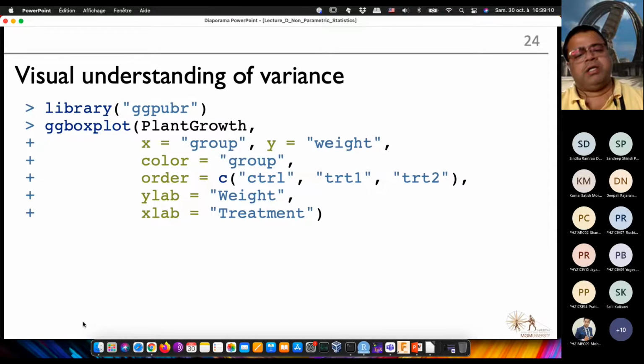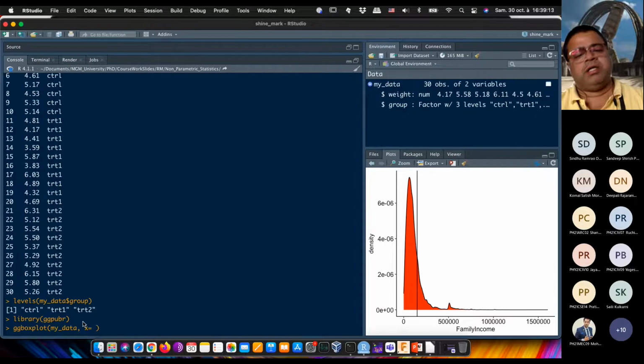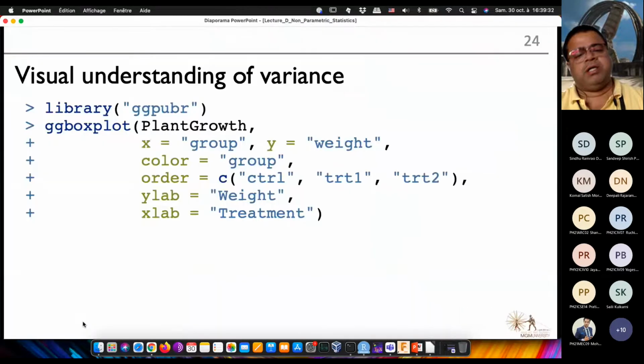So x equal to, now please remember ये क्या है group. Okay, group. Okay, please see this, that the ggboxplot command is much closer to the basic boxplot command. बहुत लोगों को ऐसा पसंद नहीं है कि यार अरे ये जो हमारा ये चल रहा है.